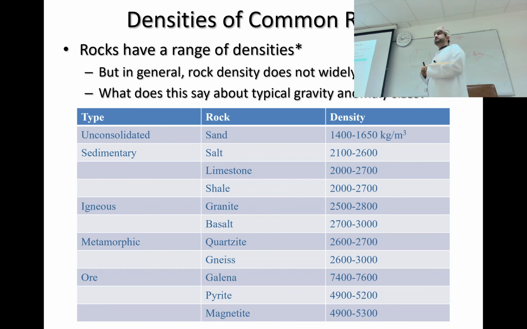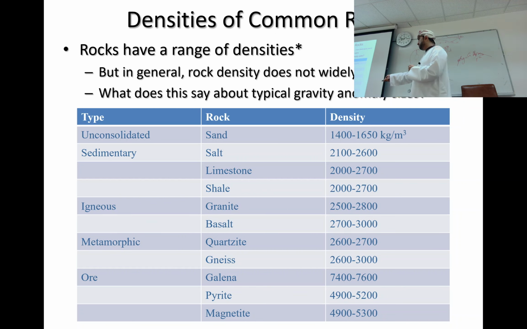So in terms of density, igneous are the densest, then metamorphic, then sedimentary rocks. Loose, unconsolidated sand is within that range. If we go deeper, sedimentary rocks are within that range.